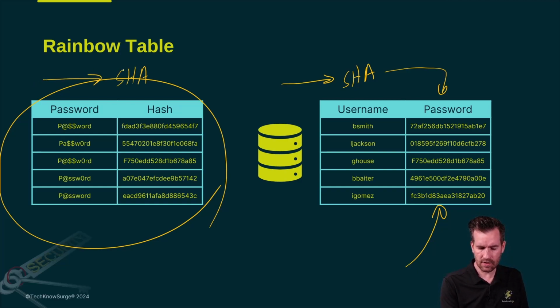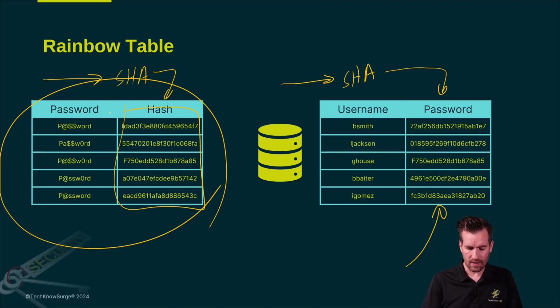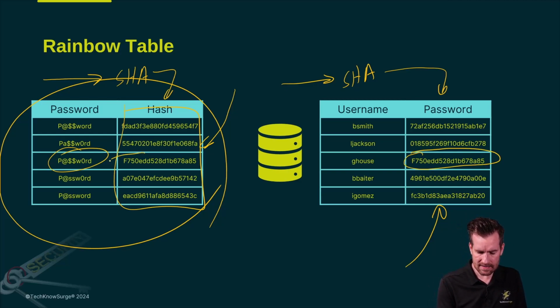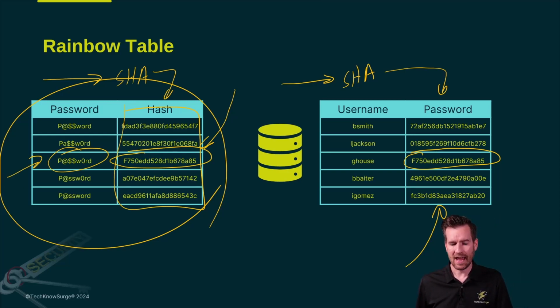So a password has already been converted into a hash, and all they need to do is look up the hash to find out what the password is. So for this instance, we have ghouse right here, who is in this rainbow table, and so they can look up the password. And this is going to be for anybody that's going to have bad password management or bad ways of creating their passwords.